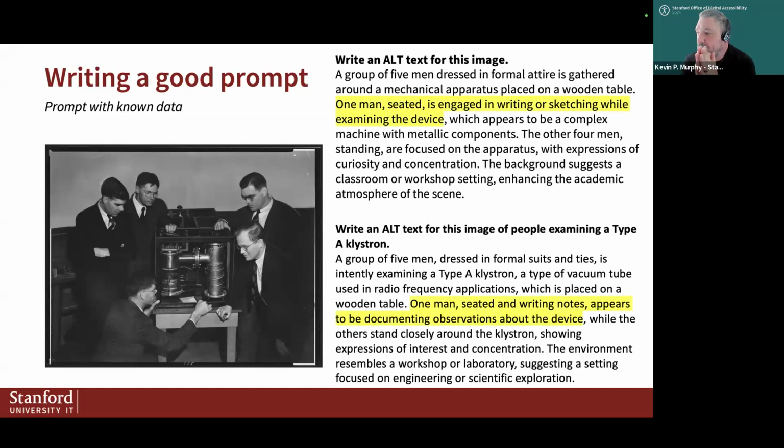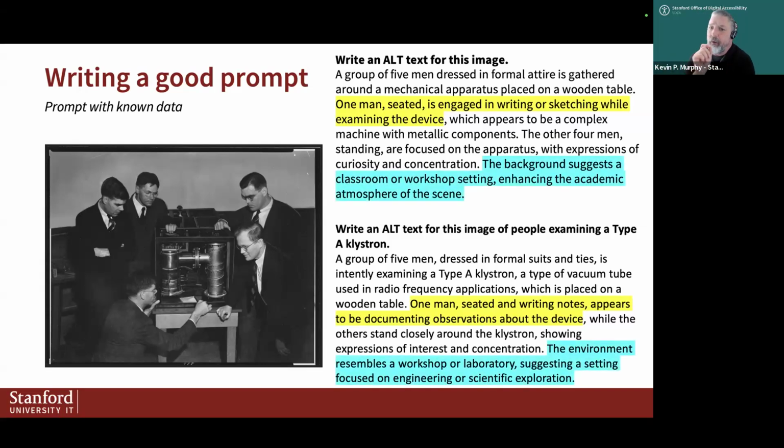It wrote it differently each time, but it's wrong both times. The person there is not drawing or writing or sketching. There's something that looks like maybe a piece of paper in front of them, but that's not what they're doing. They're kneeling down and examining the device and talking to their colleagues. And there happens to be a piece of paper in front of them. So ChatGPT got that wrong.